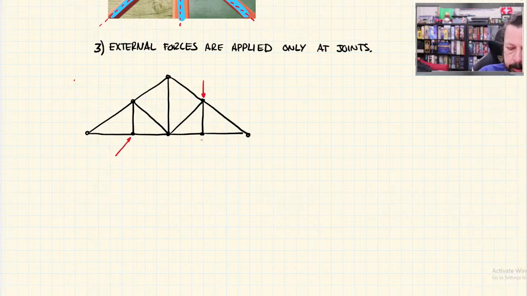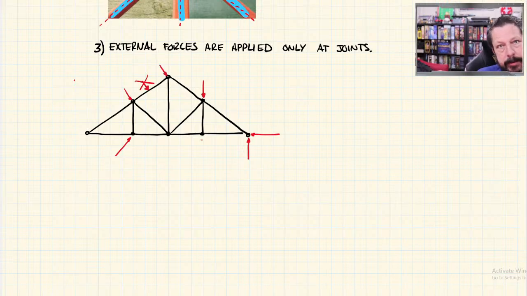I could do whatever I want with a force. I can even add multiple forces at a joint, but if I think of this as a roof truss, there's going to be a roof on top of it, and I can't actually put a force here. That's not allowed. If I need that force, then I have to put half of it here and half of it over here.